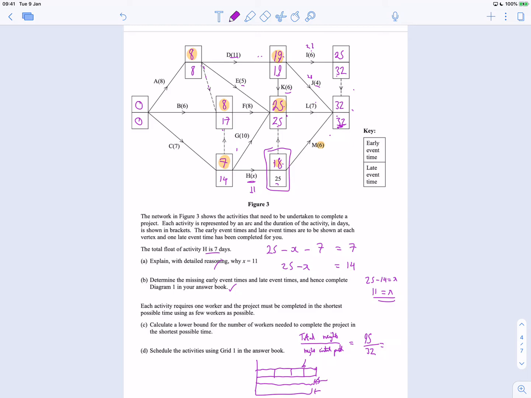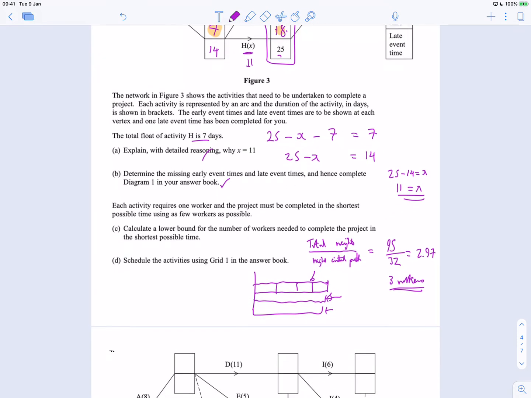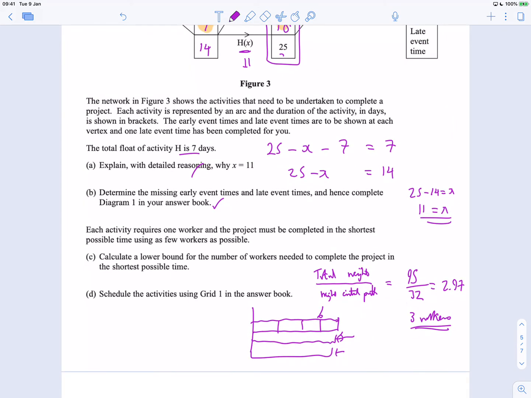And 95 divided by 32 is 2.968, which I'll say 2.97. So we're going to need 3 workers. Okay, that's the, if you need 2.97 optimally, then you're going to need 3 workers, right?